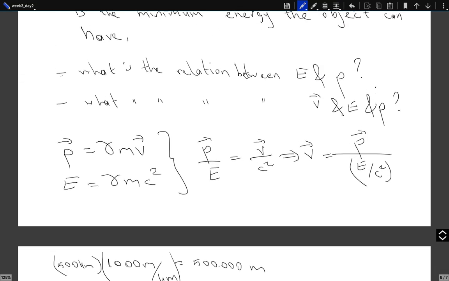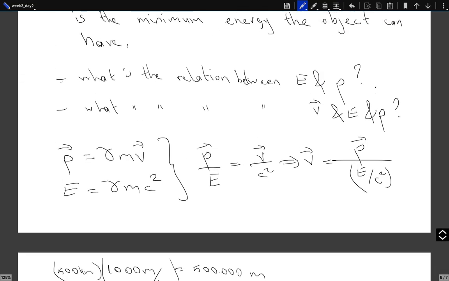But you see, just like over here, E over c squared acts like the mass in Newtonian dynamics. Well, what creates gravitational force and what feels the gravitational force, it turns out to be the energy, not the mass. Since the photon has an energy, even though it doesn't have a mass, it does feel the gravitational force.